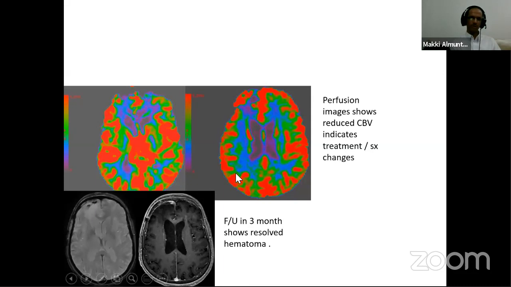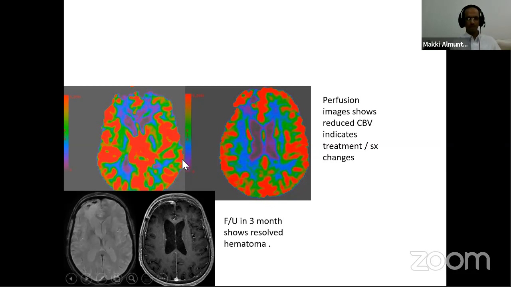When we did perfusion, there is low CBV, indicating that this is not tumor recurrence. It is a post-surgical hematoma. Also, we don't fully depend on the perfusion because of the surgical changes.